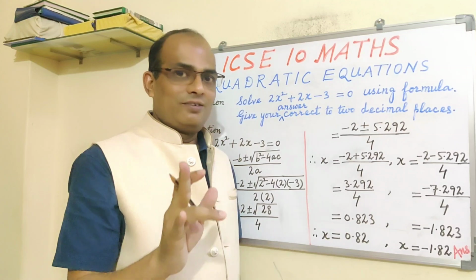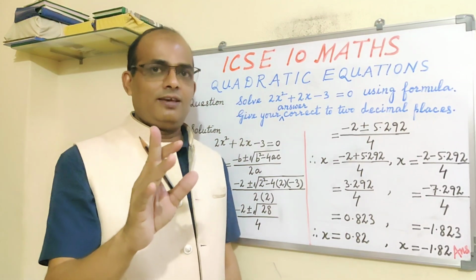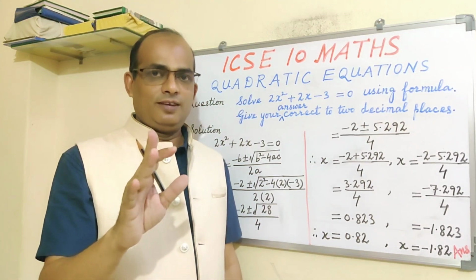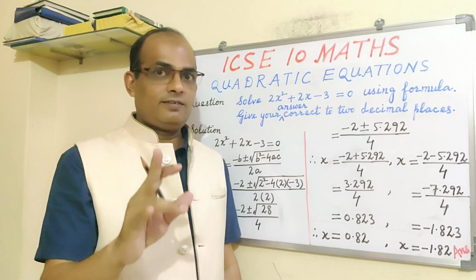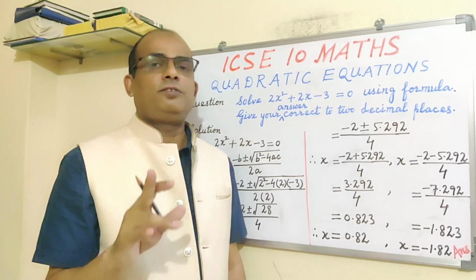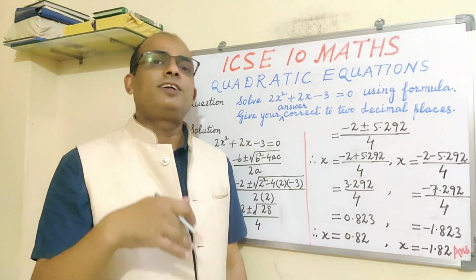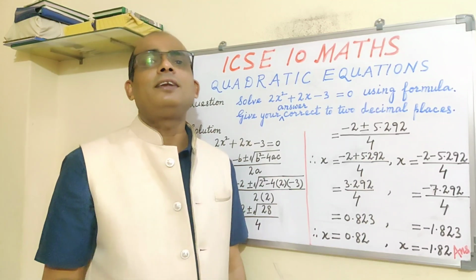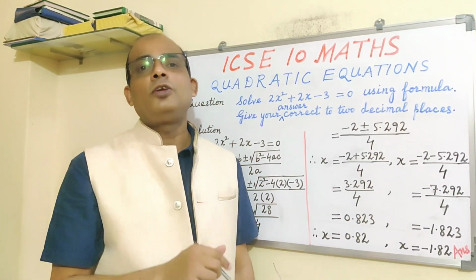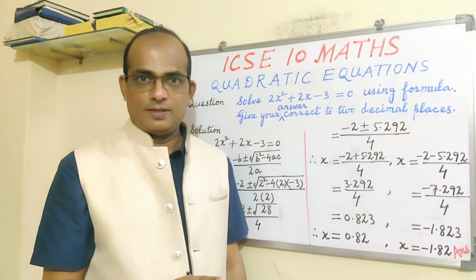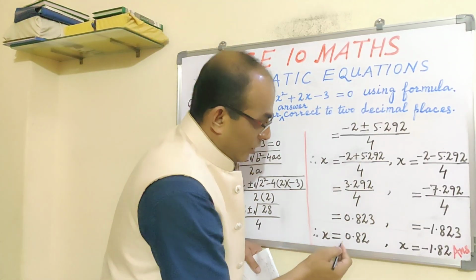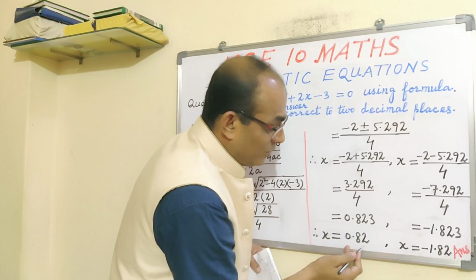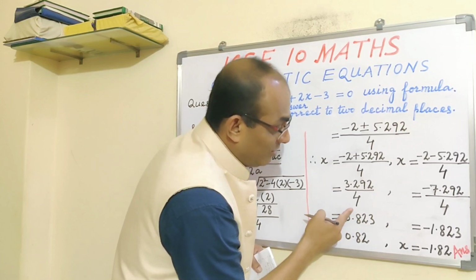Very important, please carefully listen to me. Are you listening? Please listen. This point is very, very important. You know everything, you have done correctly, you solved everything, but then because of this small mistake, you may lose 1 mark. Your answer is 0.82, but we want this also.